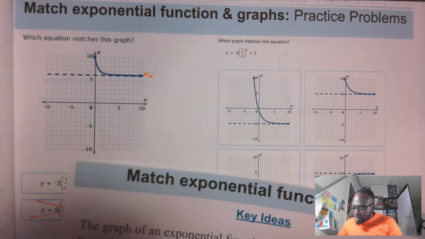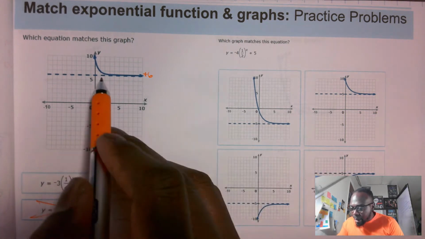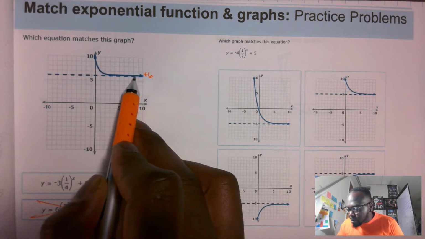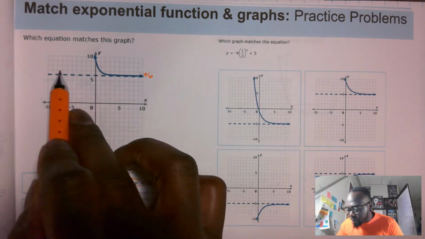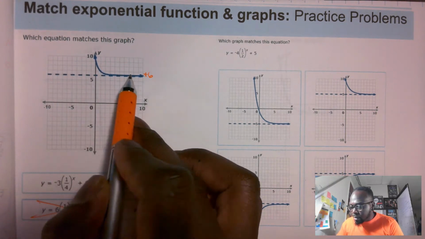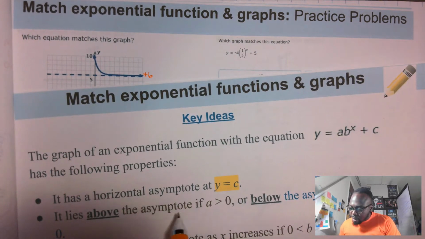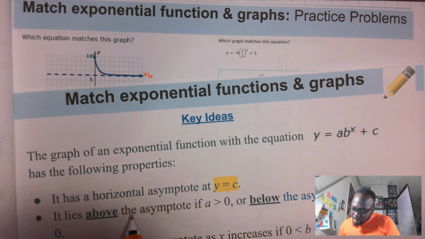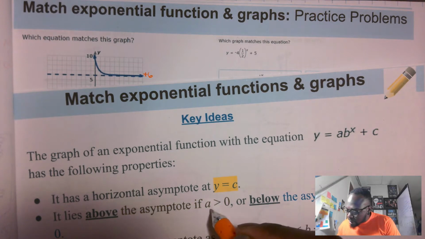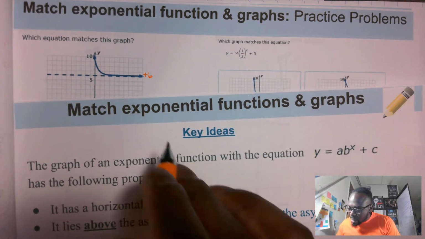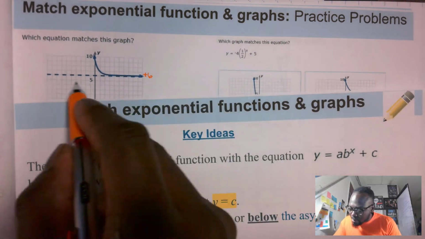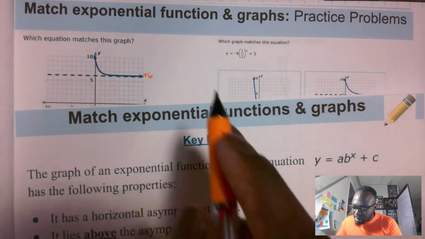So let's look back at the second thing. The graph, as you can see here, is above the asymptote. It lies above the asymptote if a is greater than 0. So a in this equation has to be greater than 0 for it to rise. Let's check.